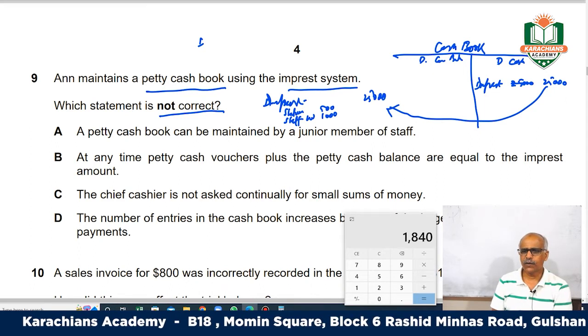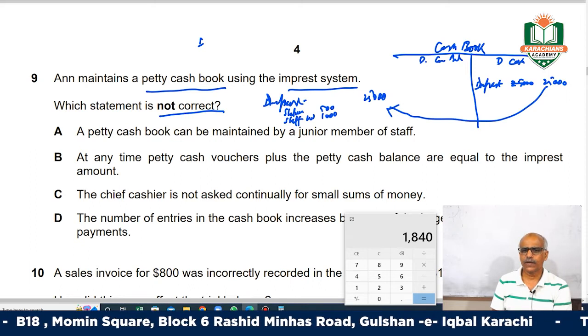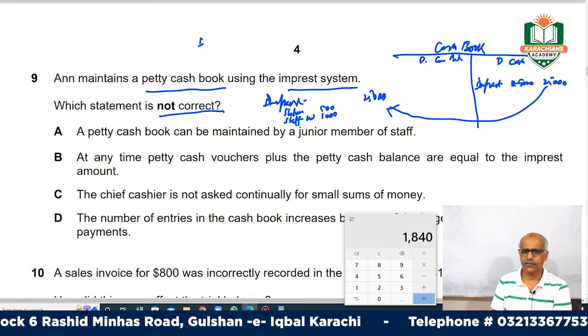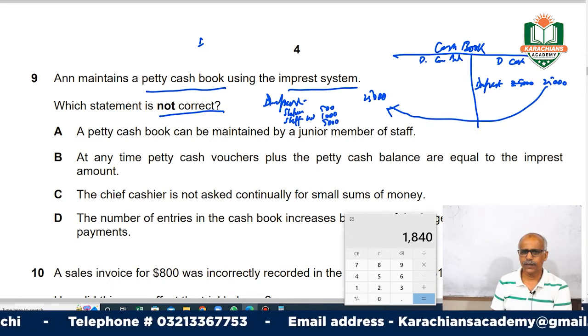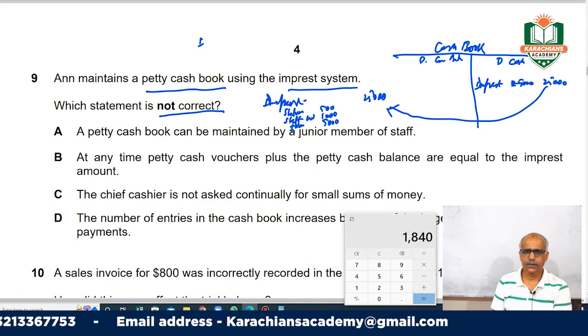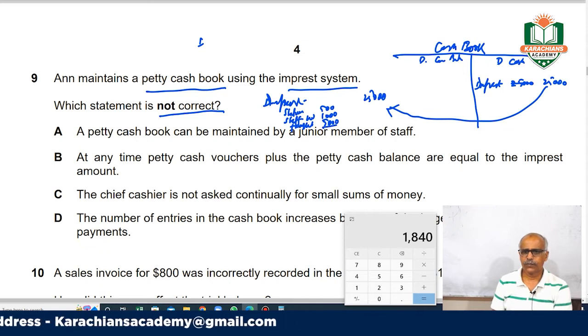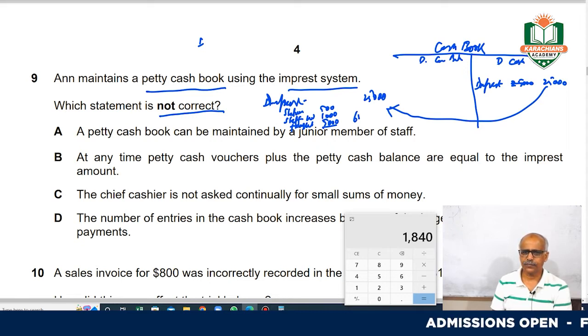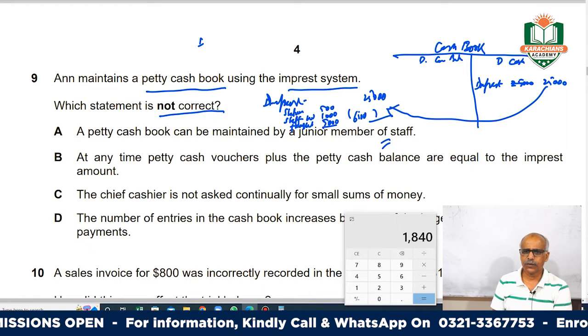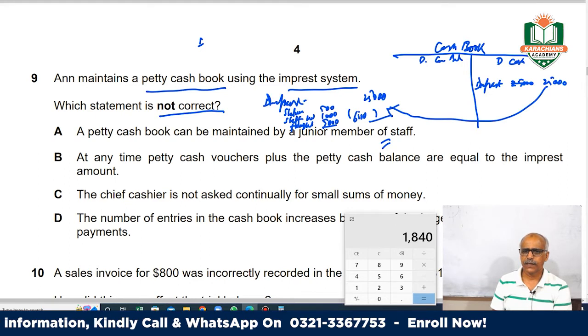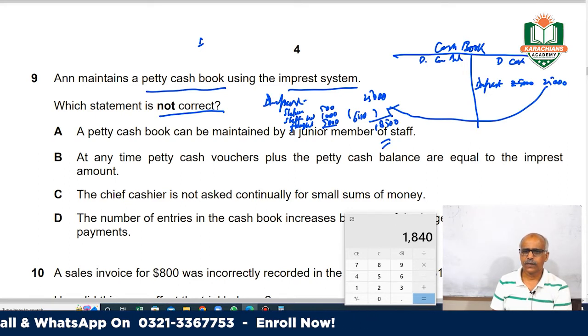So let's move on. At any point of time, if I say you paid 5,000 for freight charges, and 1,500 for other expenses, your expenses are 6,500. 6,500 has been deducted, and at that point of time your balance would be 18,500.